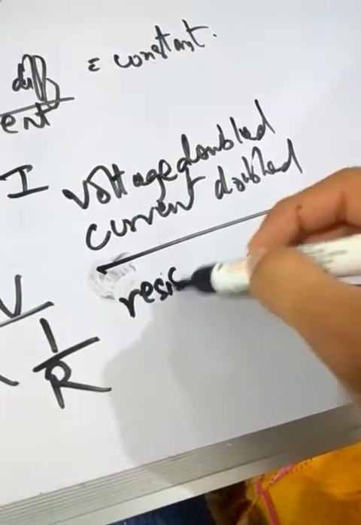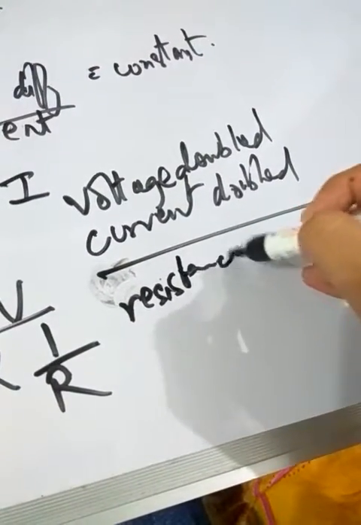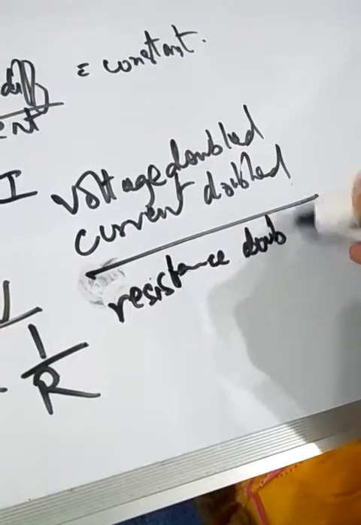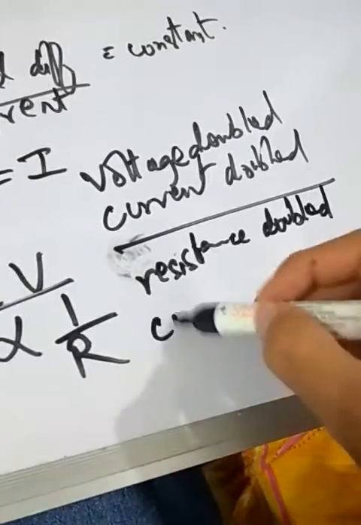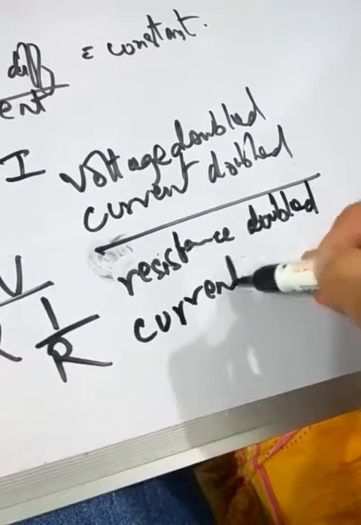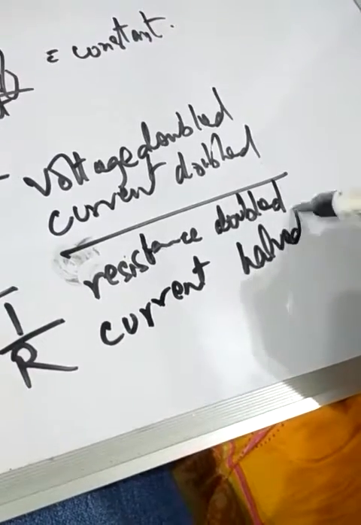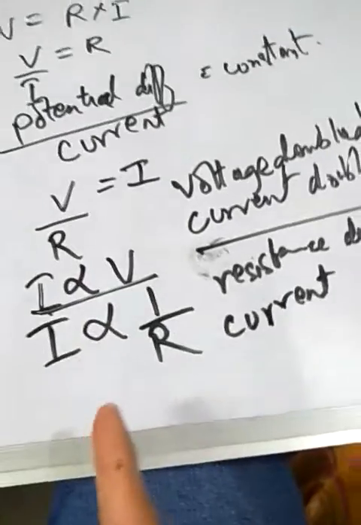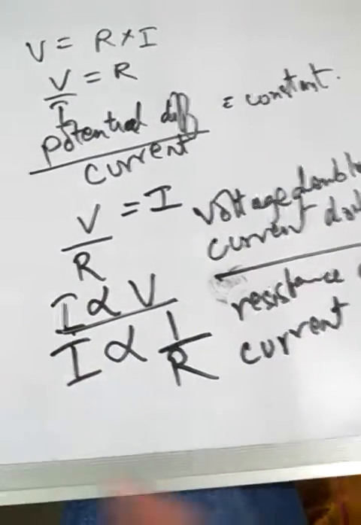If the resistance is doubled, the current will be halved. That is the implication of this, and this is one of the most used.